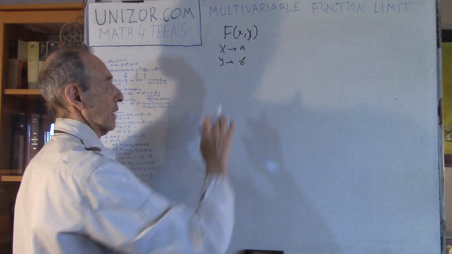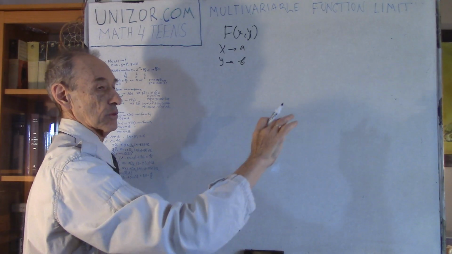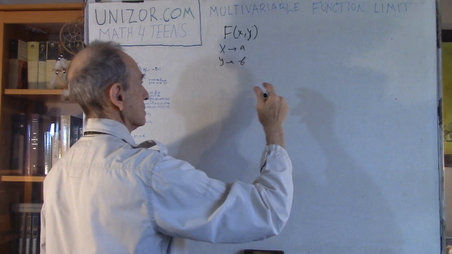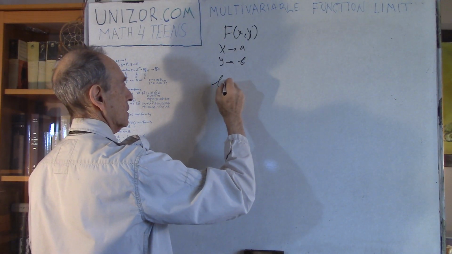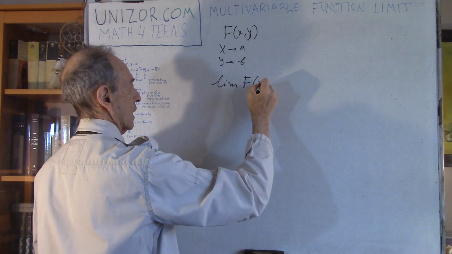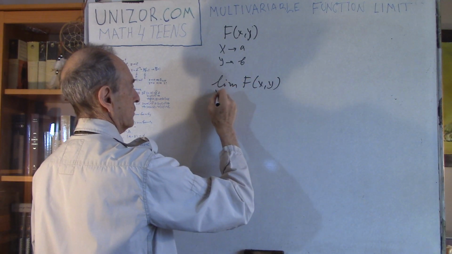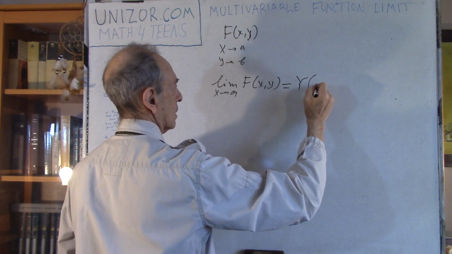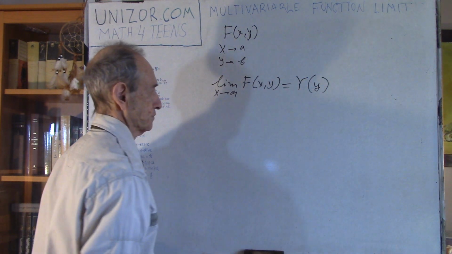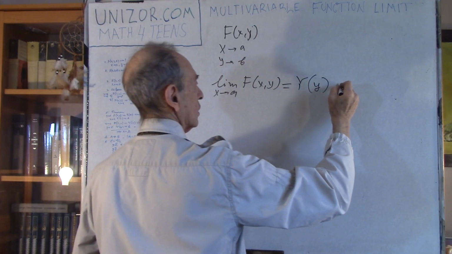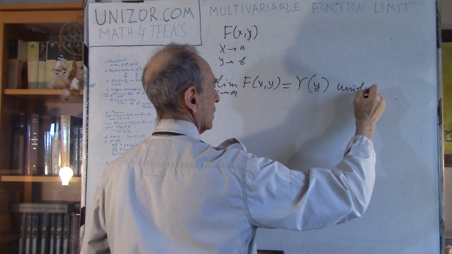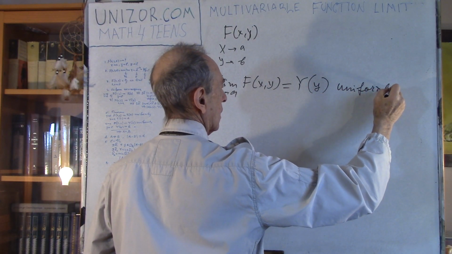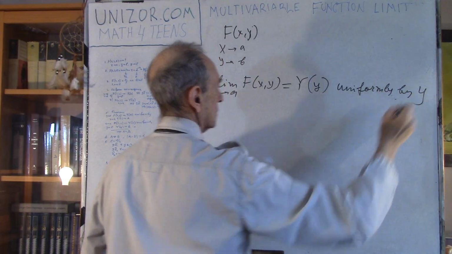The limit of f of x y as x goes to a is some kind of a function of y, uniformly by y.